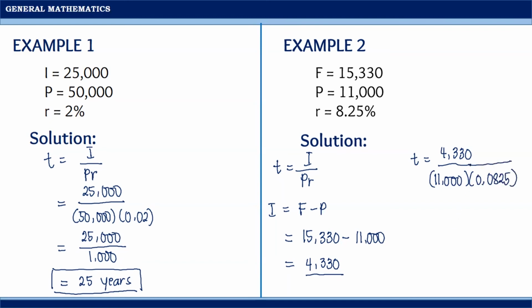Again, simplify first the denominator. We will have 4,330 divided by 907.5. Divide the two numbers. Finally, the value of t is equal to 4.77 years.